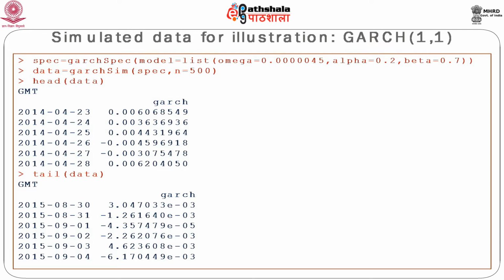If you want to display the head and tail of the data, just write head(data) and the tail would be displayed by the tail function. That will give you an idea about the data that you have generated by the garchSim function.